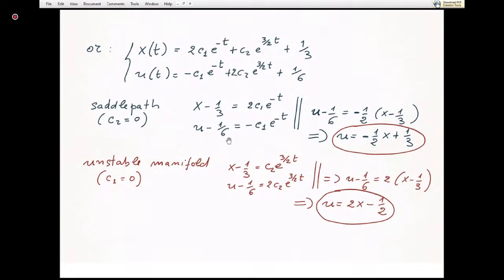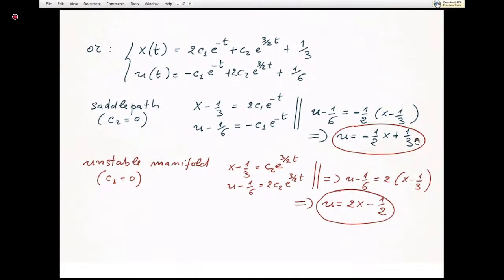which means that u minus 1/6 is equal to minus 1/2 times x minus 1/3. Because x minus 1/3 is 2c1 times this quantity, and here we have minus c1, so it is minus 1/2. So u is equal to minus 1/2 x plus 1/3.